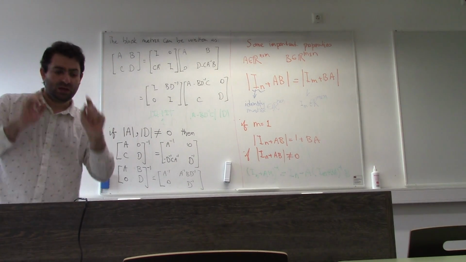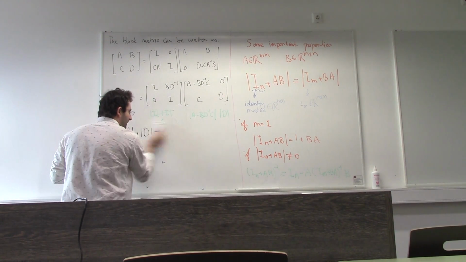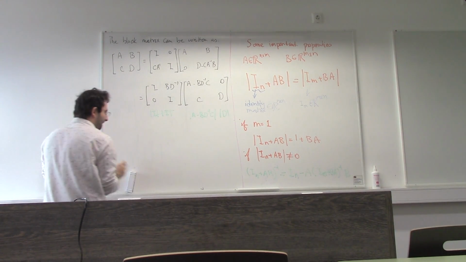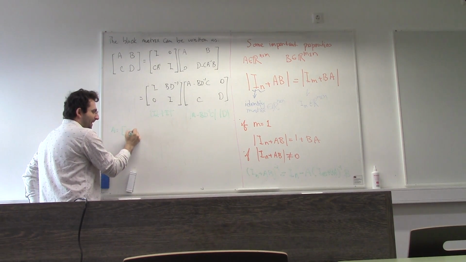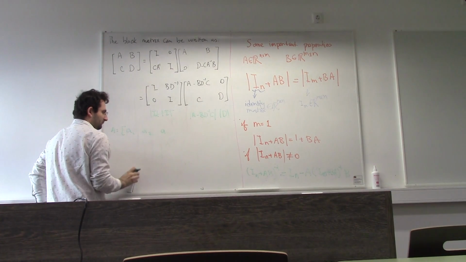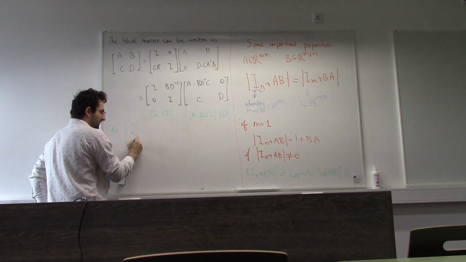the determinant is 0. So let's look at this one. I'm erasing here. Let's say A is A1, A2, A3.